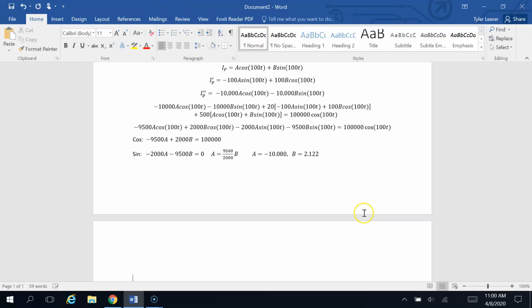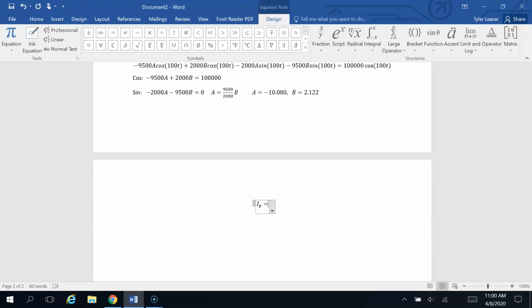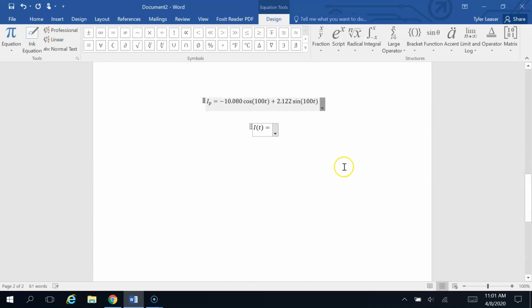Okay, but now that we have that, that means we have our particular solution, because our particular solution is now going to be negative 10.080 cosine 100t plus 2.122 sine 100t. All right, and that means that I have my full solution, because my full solution is just taking the homogeneous and the particular and adding them together.